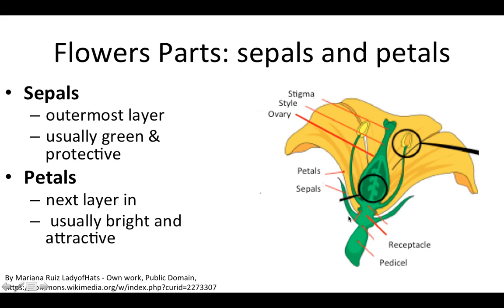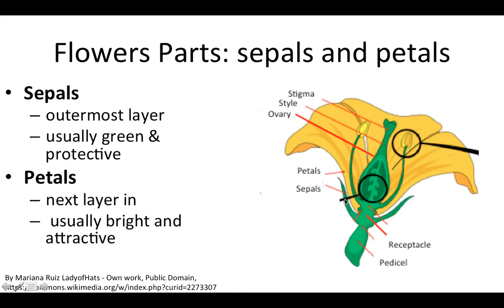We will now work our way in, and there are going to be 4 layers within the flower itself, and we will start with the outermost one here, which are the sepals. So the sepals and petals sometimes look similar to each other, oftentimes though they look pretty different. In all cases, the sepals are the outermost layer.